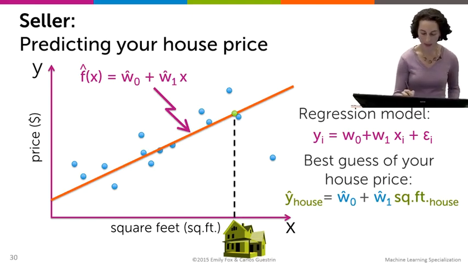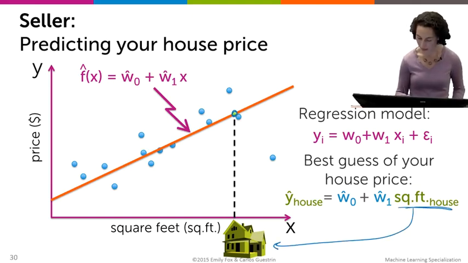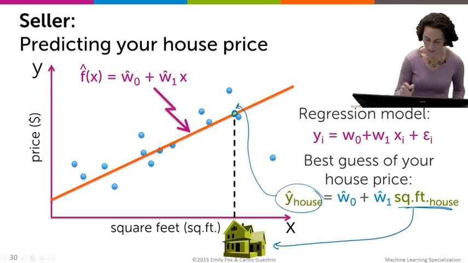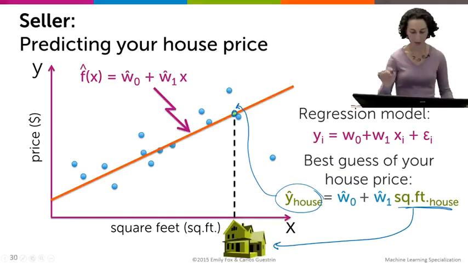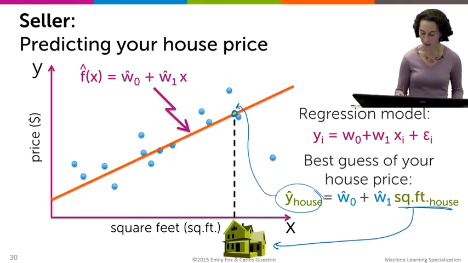We're just going to plug into our fitted line. And so we're going to take the square feet of this house, which is represented here, plug that into the equation of this line, and that's going to produce our estimated value of the house right here.